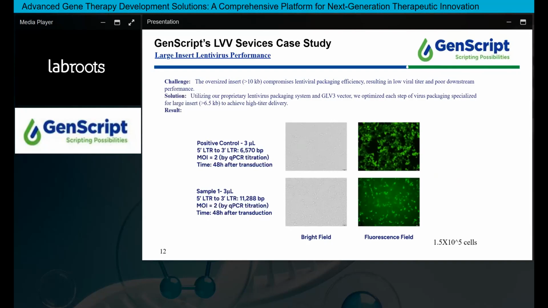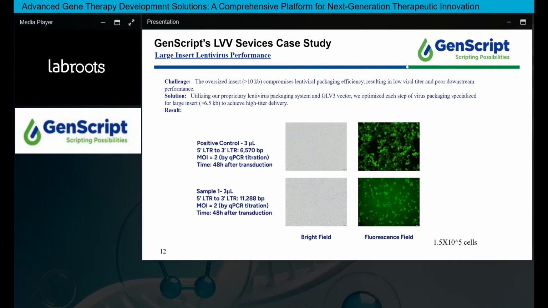Now let's have a real-world example of how GenScript resolves the challenge of oversized insertion in a lentivirus vector. The problem here is very clear. The client has an insertion over 10 kb. The packaging efficiency collapses, titer drops, and downstream performance suffers.